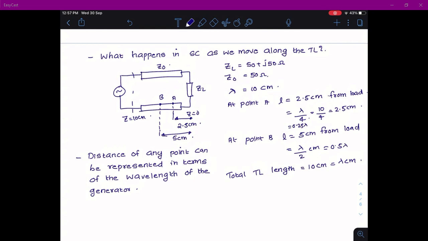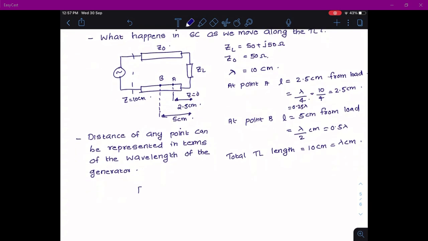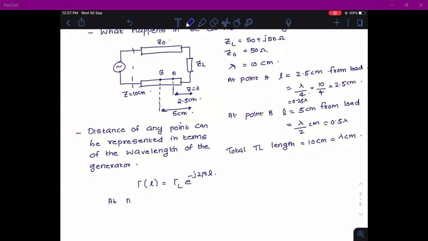Okay. So if I write tau of L is equal to tau L e raised to minus j2 beta L, at A this is equal to tau L e raised to minus j2 into 2 pi by lambda into L, which is lambda by 4. So this is tau L e raised to minus j pi.